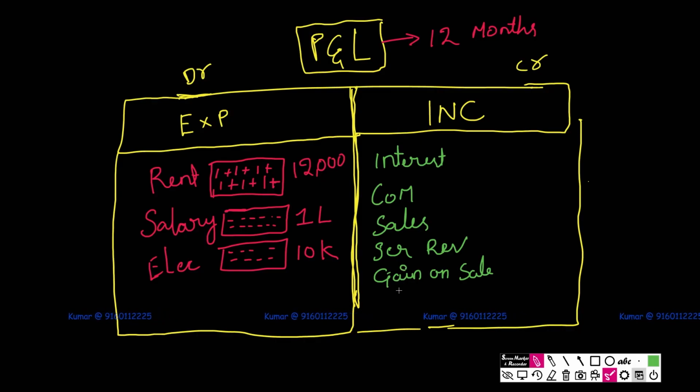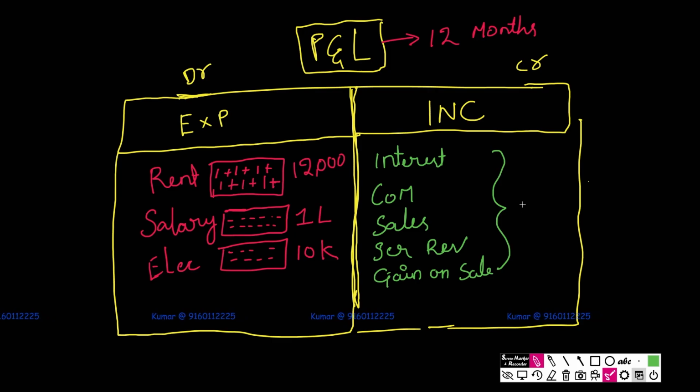So that is also one income for us, a one time income, not every time. So all these together, for example, became 2 lakhs.